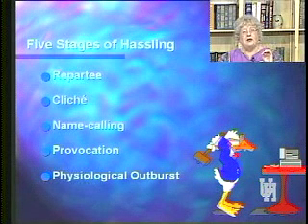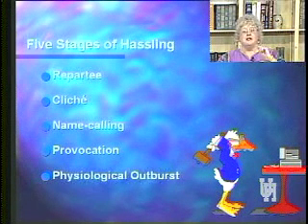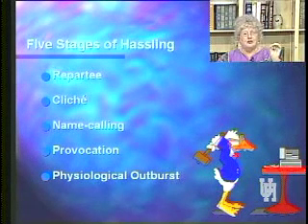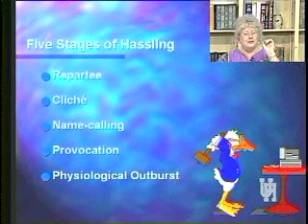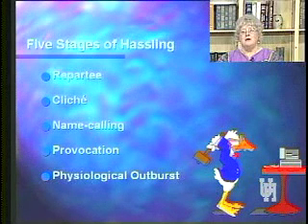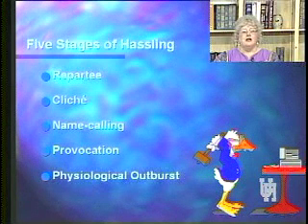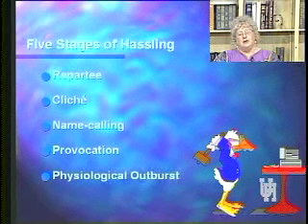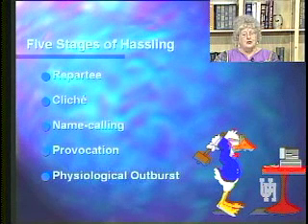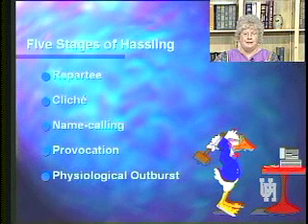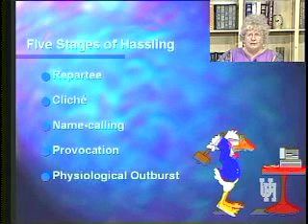And then at some point, somebody says something that's over the line. That trigger word has been hit. The emotional button has been pushed, whatever the case may be, and then you're into physiological outburst. So if you observe situations where these things happen, this is predictable.